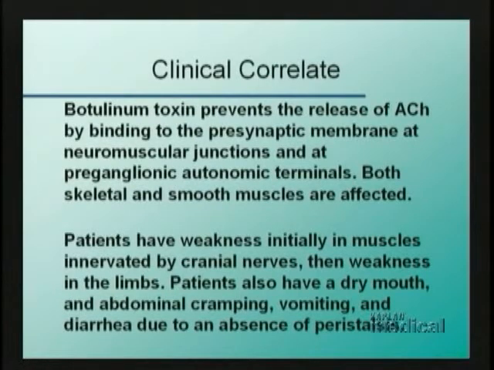These patients have weakness initially in muscles innervated by cranial nerves. Then finally, they also have autonomic signs and symptoms, including dry mouth, abdominal cramping, vomiting, and diarrhea, due to a problem at the location of junctional specializations associated with smooth muscle.